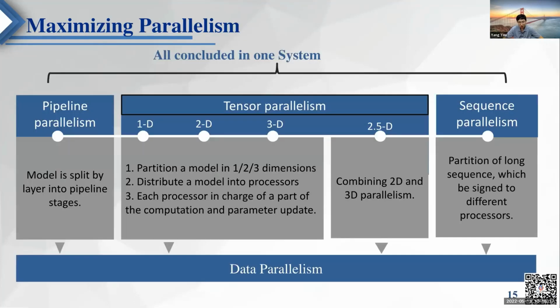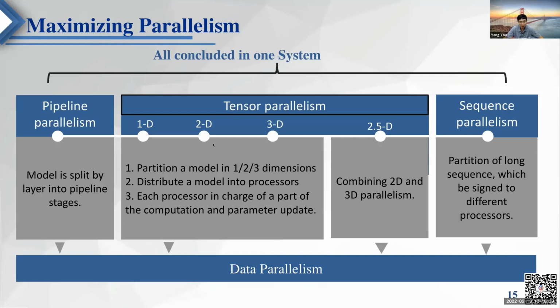However, what can we do to improve the current solutions? For us, we want to build all the parallelism together, and also a unified interface. Firstly, we want to have all kinds of parallelism.